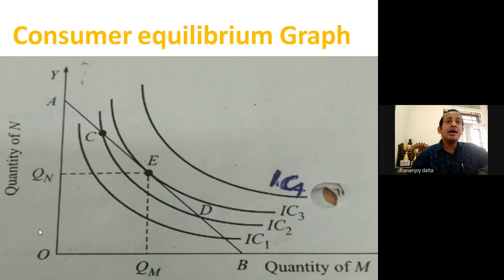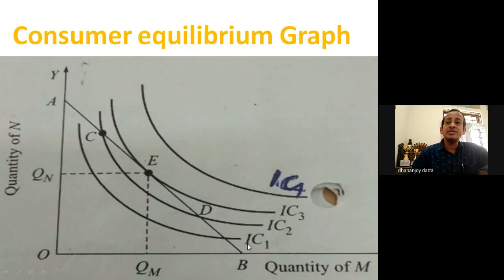Now here you see the y-axis. The y-axis represents the N good or product, so the quantity of N is mentioned on the y-axis, and on the x-axis we have considered the M product, and the quantity of M product is mentioned on the x-axis.